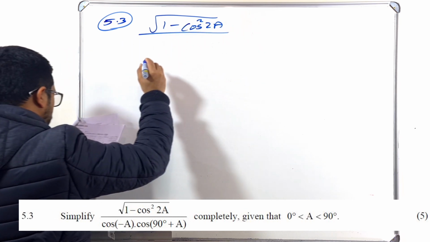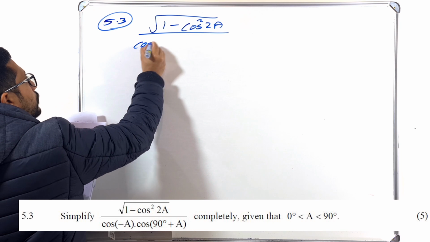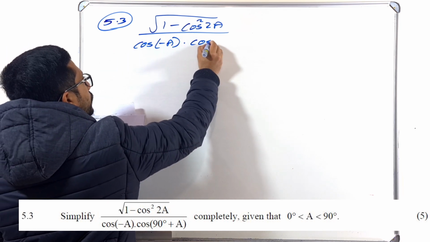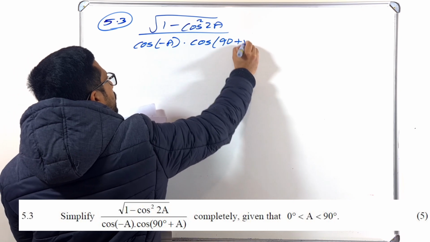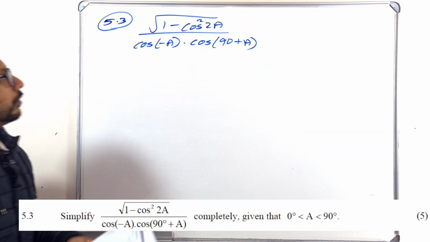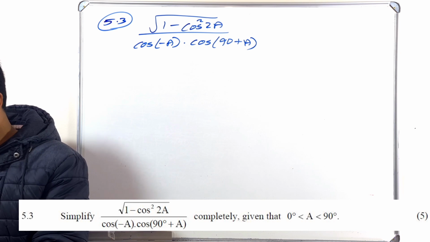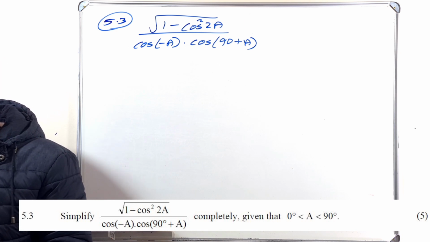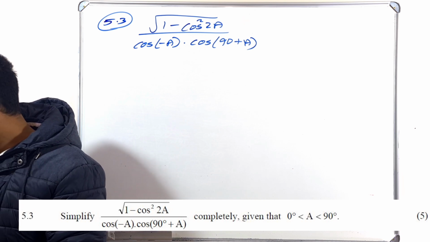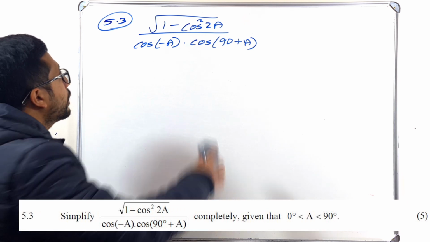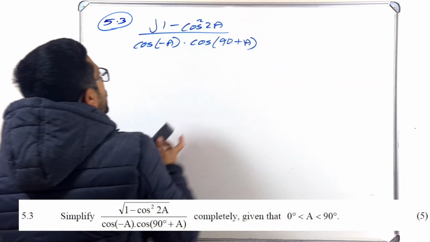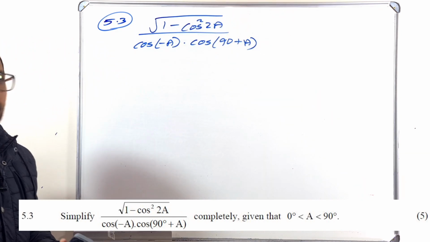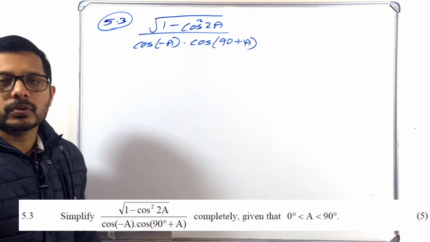You have to simplify root of 1 minus cos square 2a divided by cos of minus a into cos of 90 plus a. Okay, so how can you simplify this one, guys? Root of 1 minus cos square 2a.